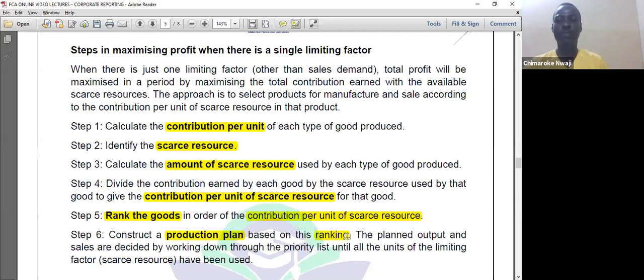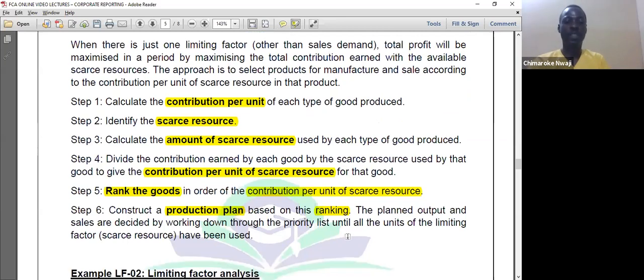Then the number of quantities that you are supposed to produce. Now that is the critical point there. That is what you want to achieve. Now, how many of these quantities would you produce given the scarce resource? We're going to see a question where we apply all of this.